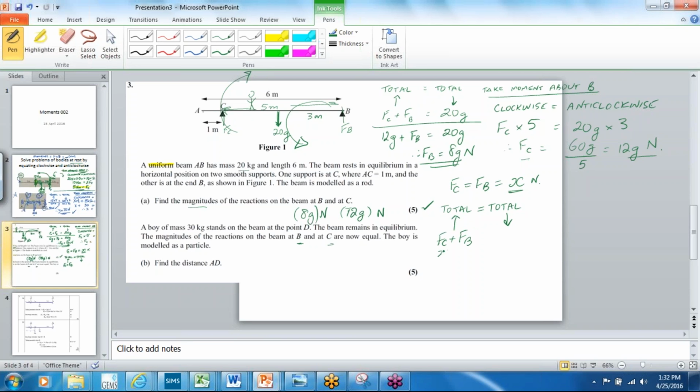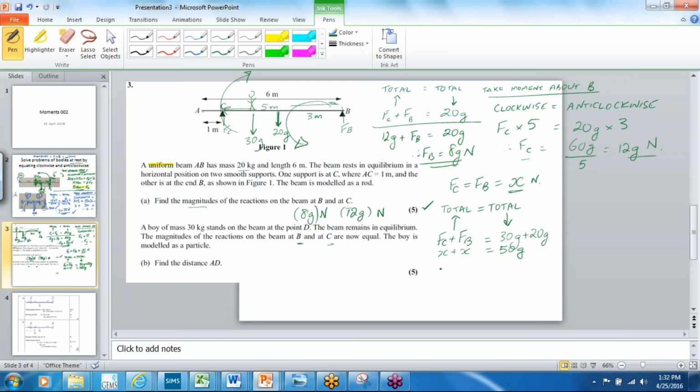Therefore, we could say x plus x is our force up, and down will be 20G plus 30G, 30G down, 20G down. So together, x plus x is going to equal 50G.